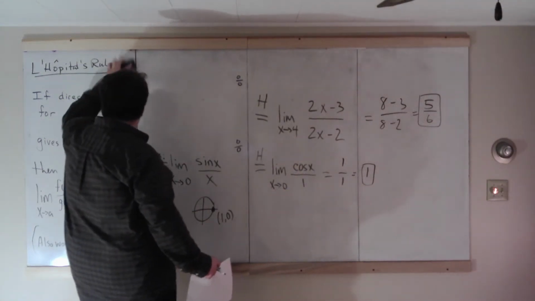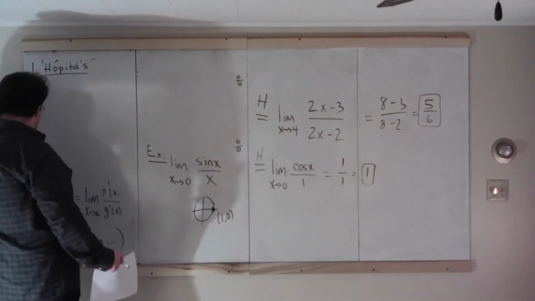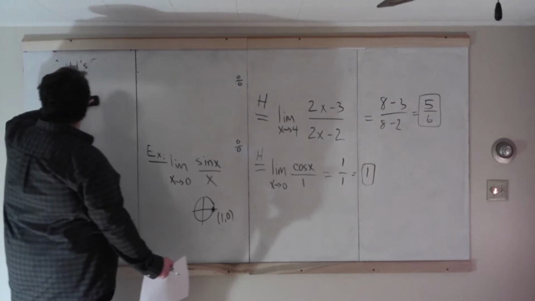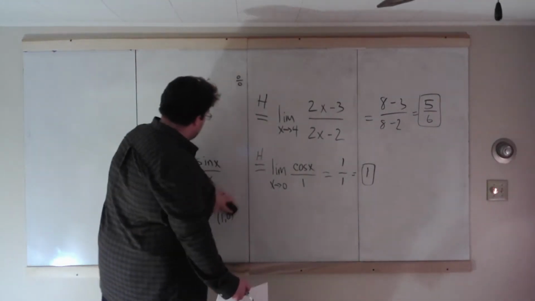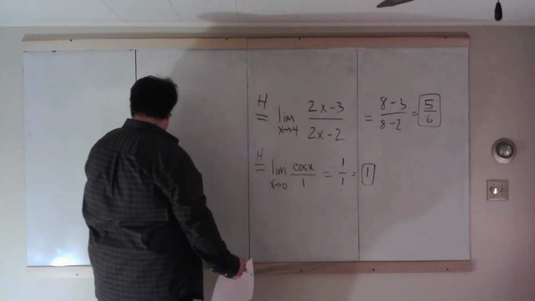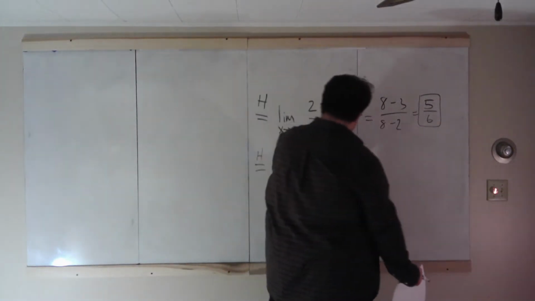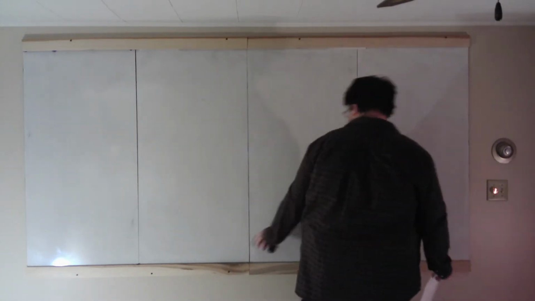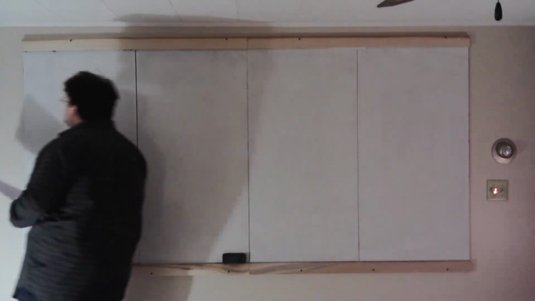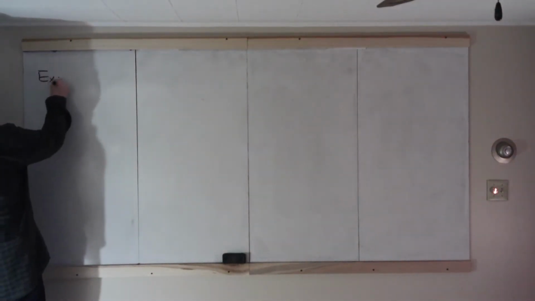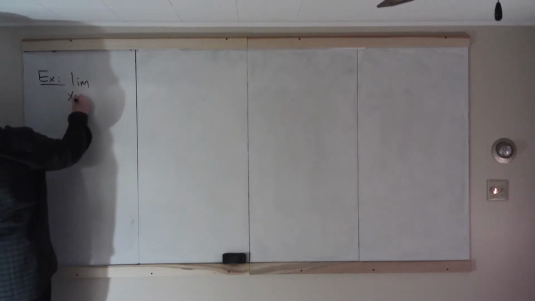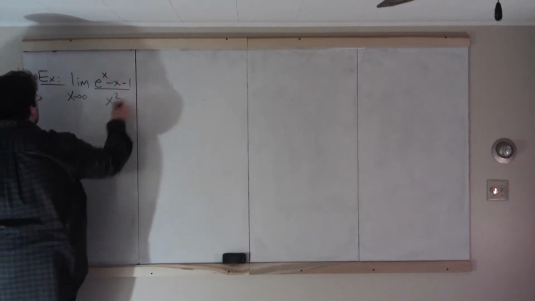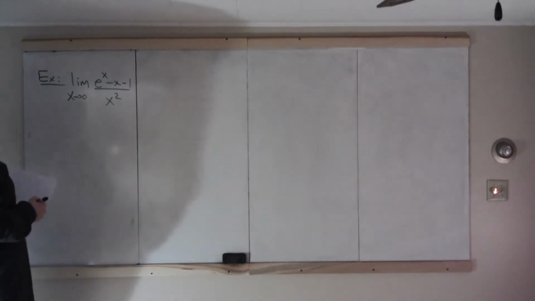Let's look at 4 more examples. Compute this limit: limit as x approaches 0 of e to the x minus x minus 1, all over x squared.